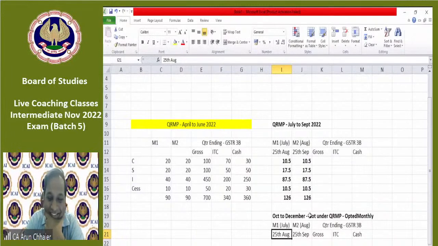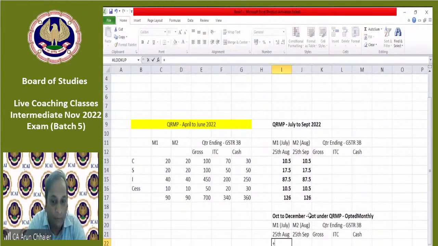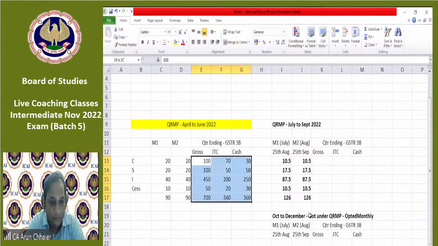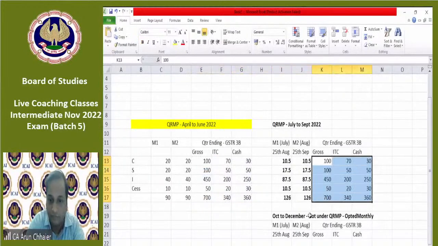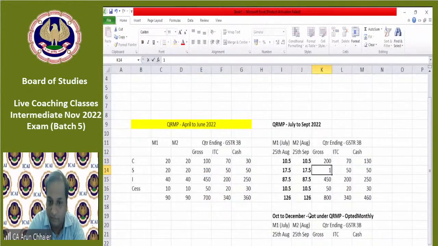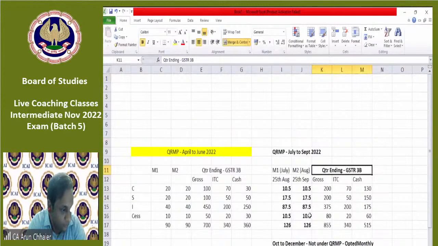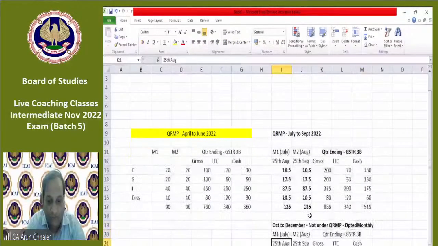How much amount will I pay on 25th August for the month of July?